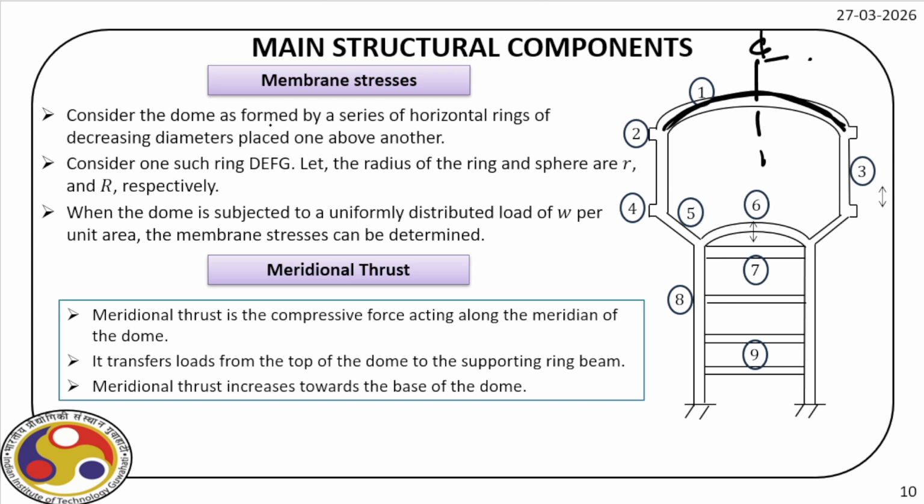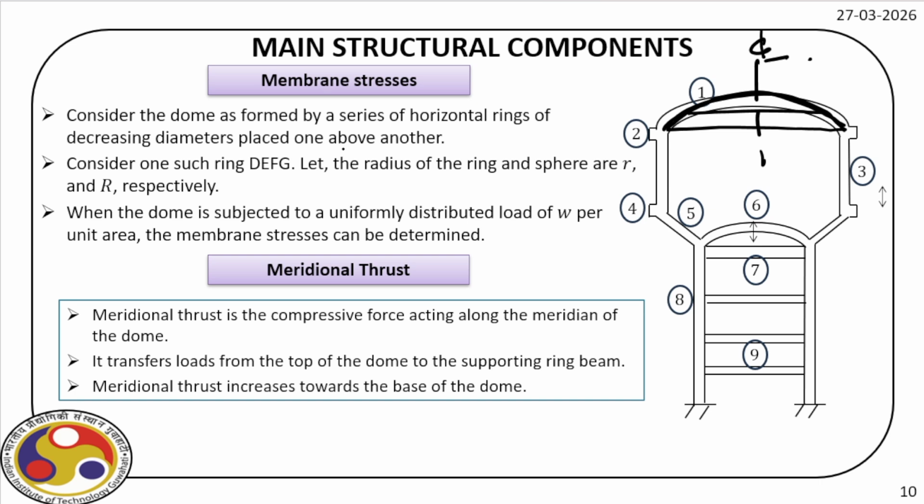So the dome is formed by a series of horizontal rings of decreasing diameters placed one above the other. You can imagine the diameter at this is maximum. Obviously, as we go towards the top crown portion of the dome, this diameter reduces.